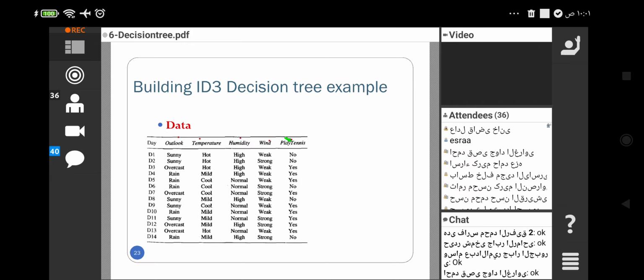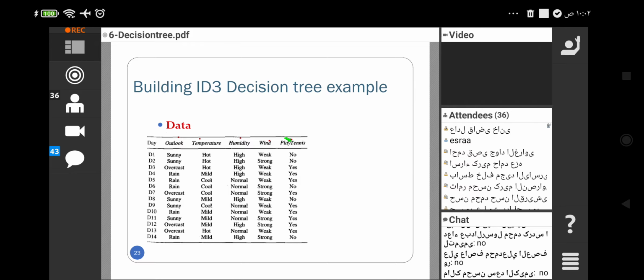We go in the algorithm, and the algorithm says, are all of the data positive? What is the answer? No, because in this data we have positive and negative. And again, all of the data are not negative.